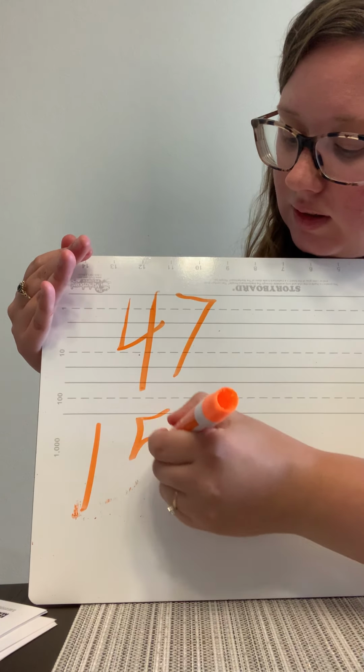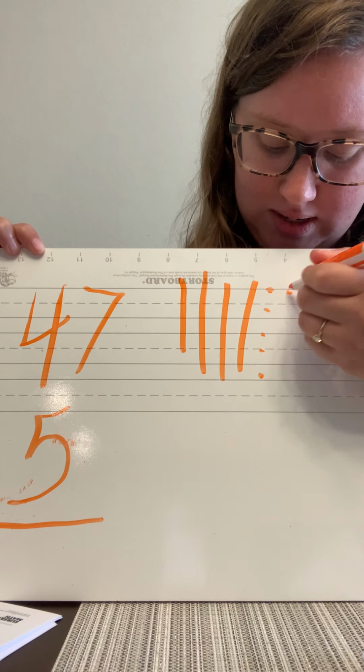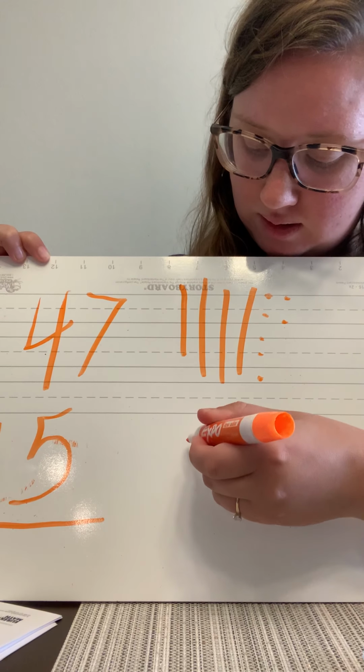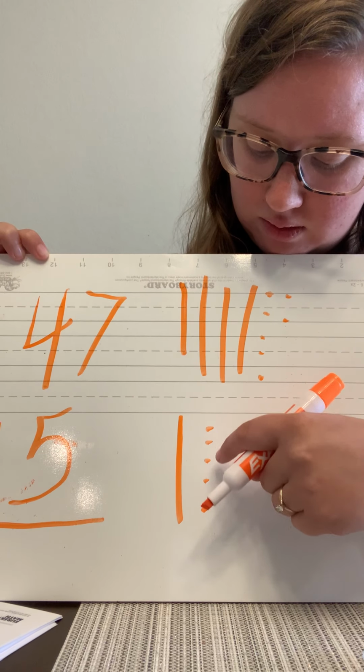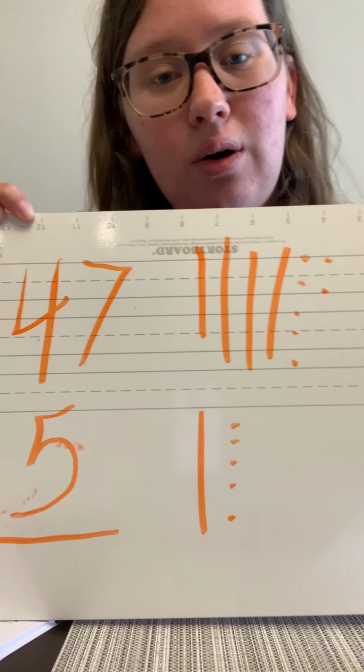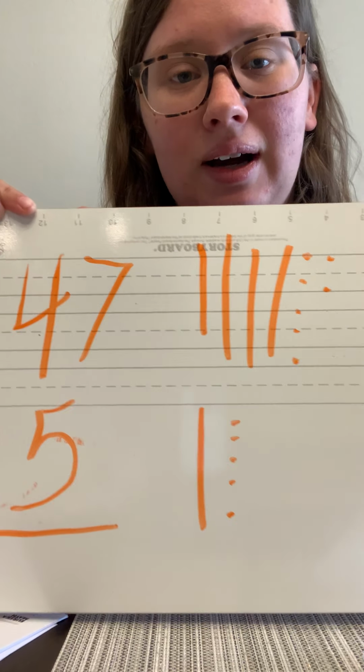Let me show you with my base 10 blocks as we solve. So let me do 10, 20, 30, 40. 1, 2, 3, 4, 5, 6, 7. And 15, 1 ten and 5 units. 1, 2, 3, 4, 5. Okay, so same thing. 10 units equal 1 rod.